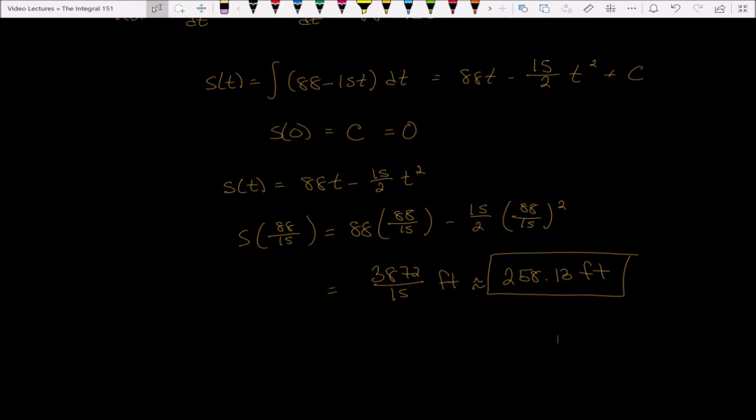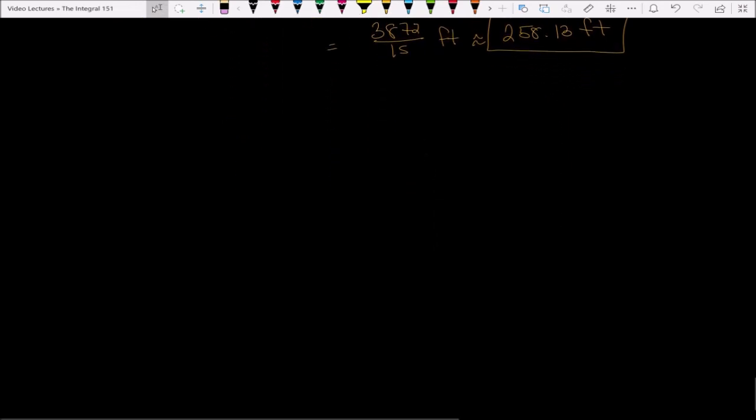One of the most common applications of initial value problems occurs in physics in the study of free fall motion.